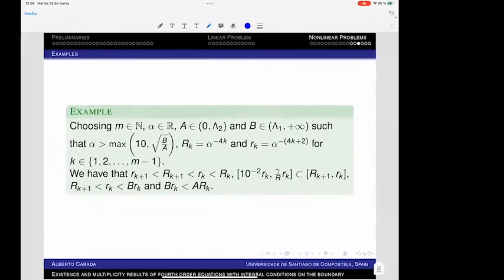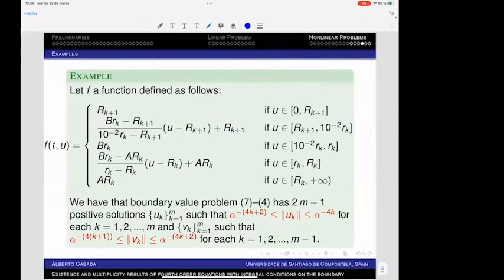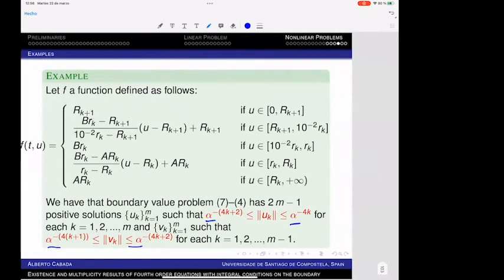Choosing this kind of values, one can prove for this case the existence of solutions that each go to zero when k goes to infinity, right?